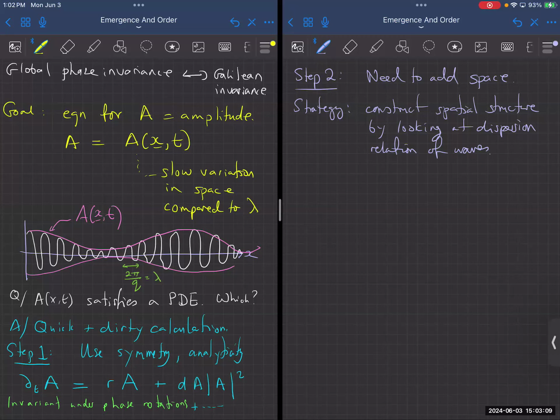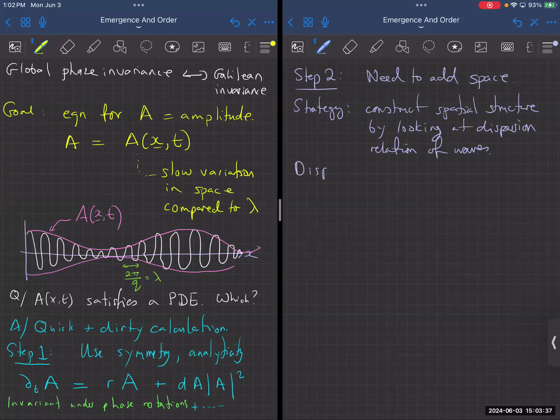Okay, so what we're going to do is we're going to write down a dispersion relation, and then we're going to make a kind of quantization condition which relates frequency and wave number to spatial and temporal derivatives. So let me show you how we do this. So what do we expect the dispersion relation to look like?